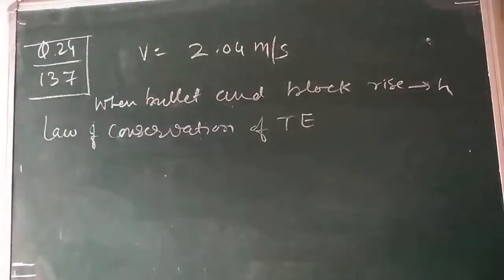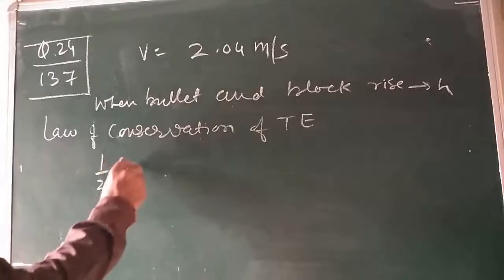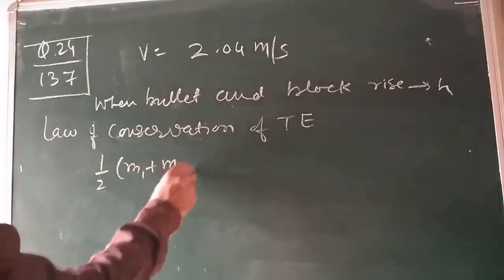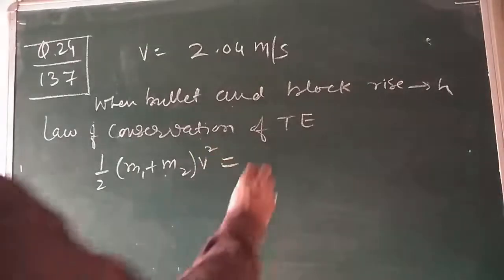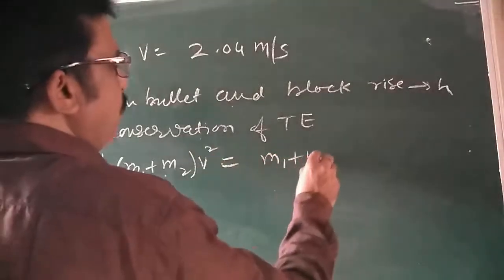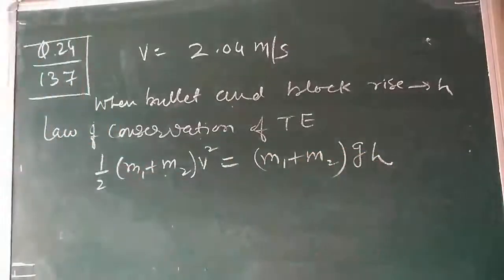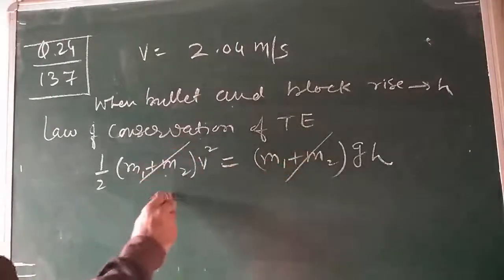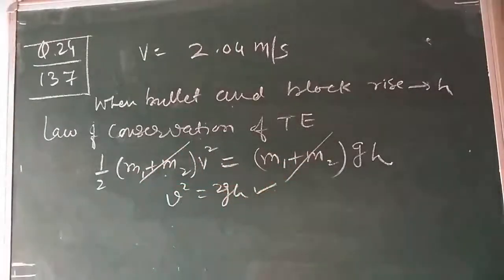What is that? After the collision, the energy is 1 by 2 m1 plus m2 v square, and at the height it is m1 plus m2 into g h. We are talking about total energy here. m1 plus m2 cancels, so v square is equal to 2gh. This is the formula here, according to the law of conservation of kinetic energy. Sorry, total energy.